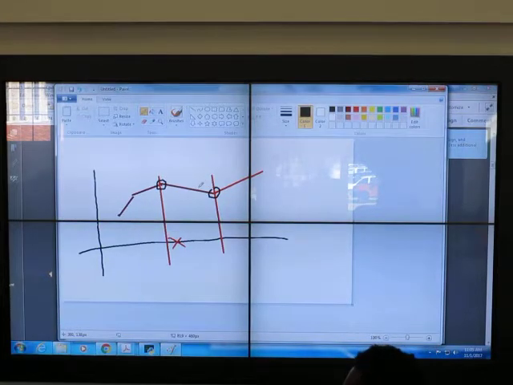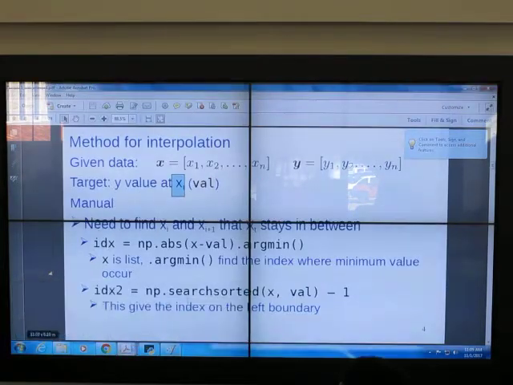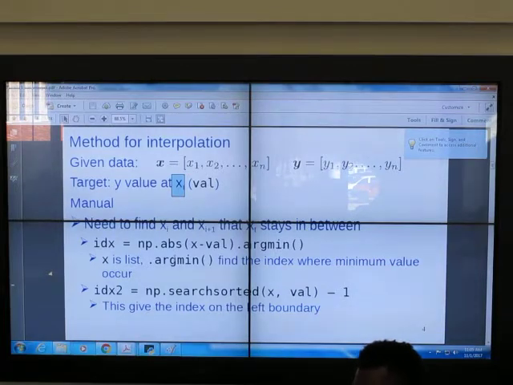So the first step is to find the interval that x stays in. Once you know which interval x is inside, then you use the adjacent points, x0, y0, x1, y1, to do linear interpolation. Very easy, right? So how do I find the interval that x stays in?